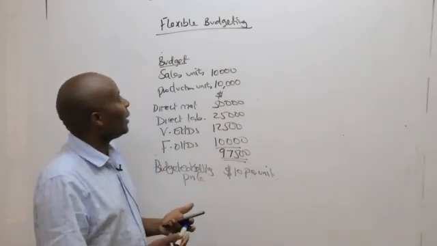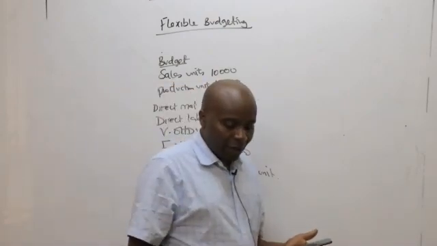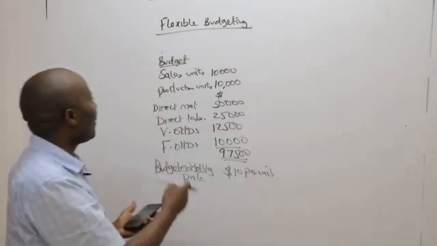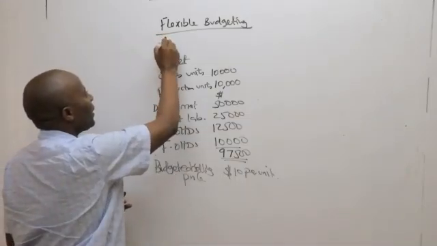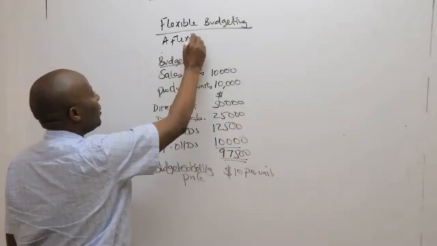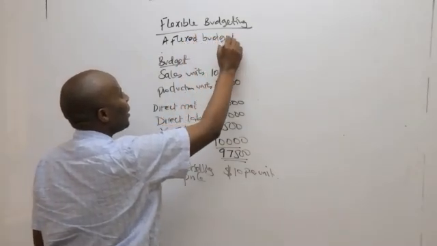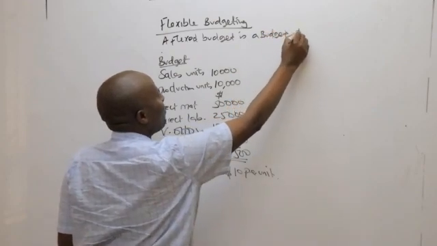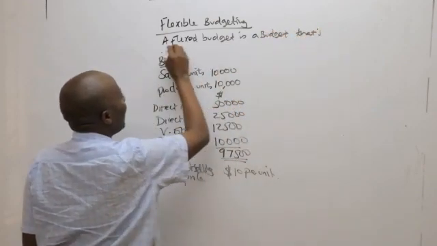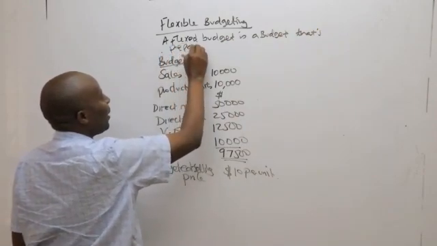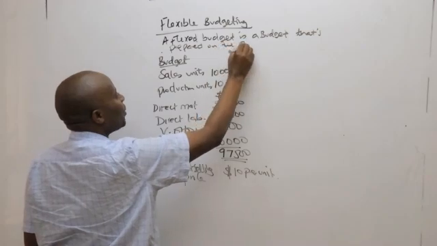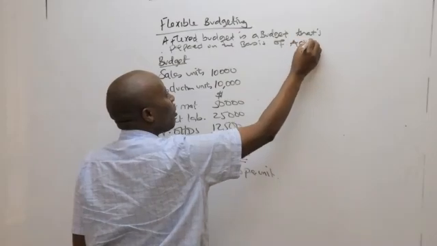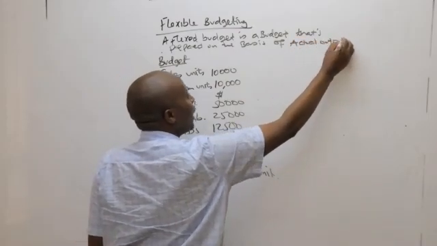So start by telling us straight away that a flexed budget is a budget that is prepared on the basis of actual output.